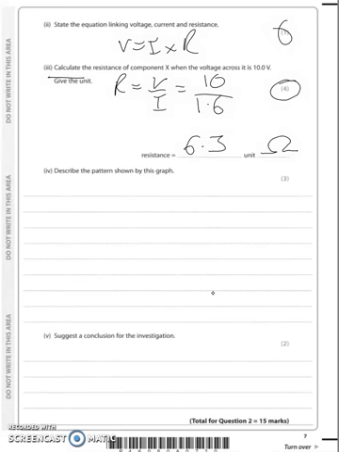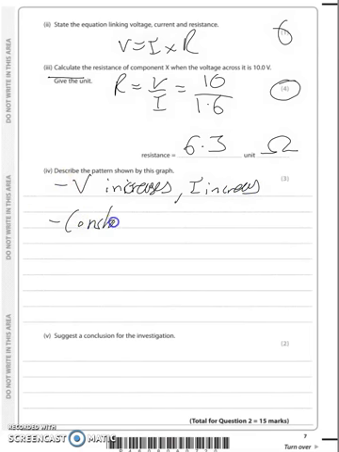And then they're going to ask us to describe the pattern shown by this graph. So the first thing we could say is V increases, I increases, and that the gradient is constant at first.